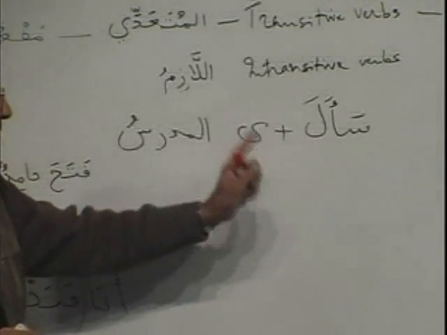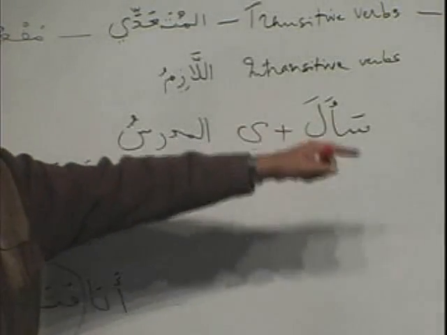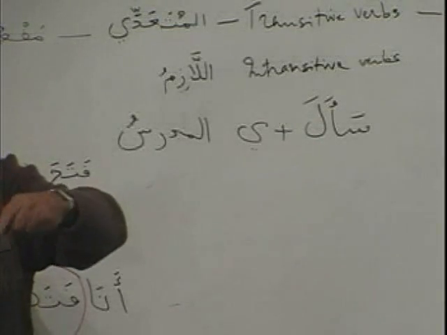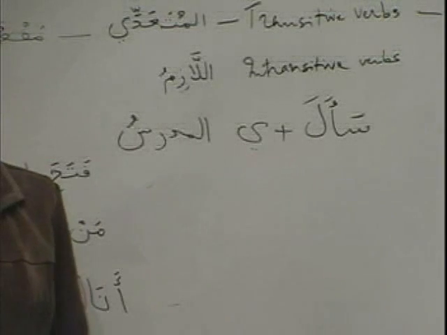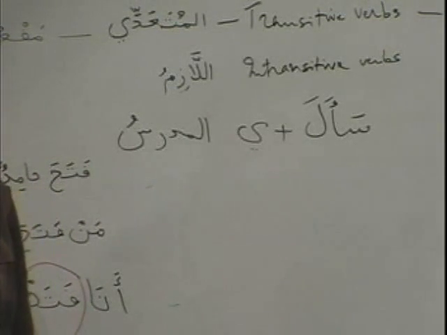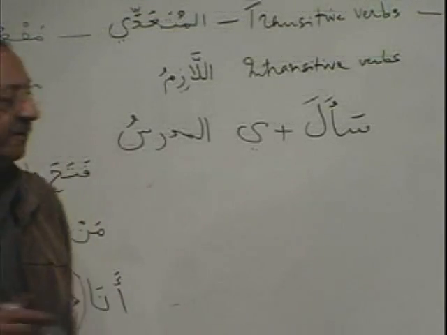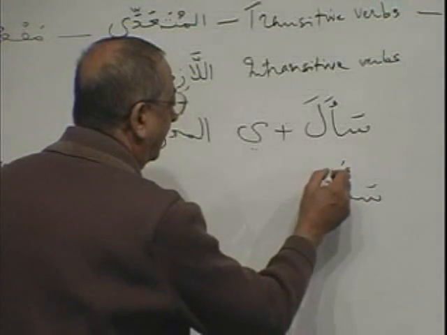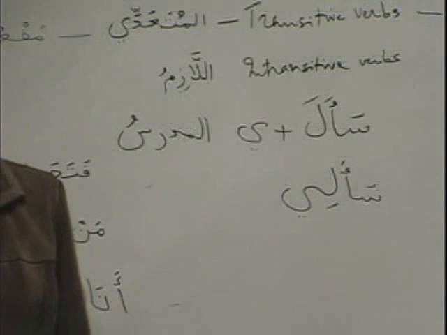So, sa'ala, sa'alahu, sa'alahuma, sa'alaha, sa'alaka, sa'alakum, sa'alaki was fine. When it came to sa'ala and ya mutakallim, you know what is the habit of ya mutakallim? It will give kasra. So if I say it like this, sa'ala, it will become sa'ali.